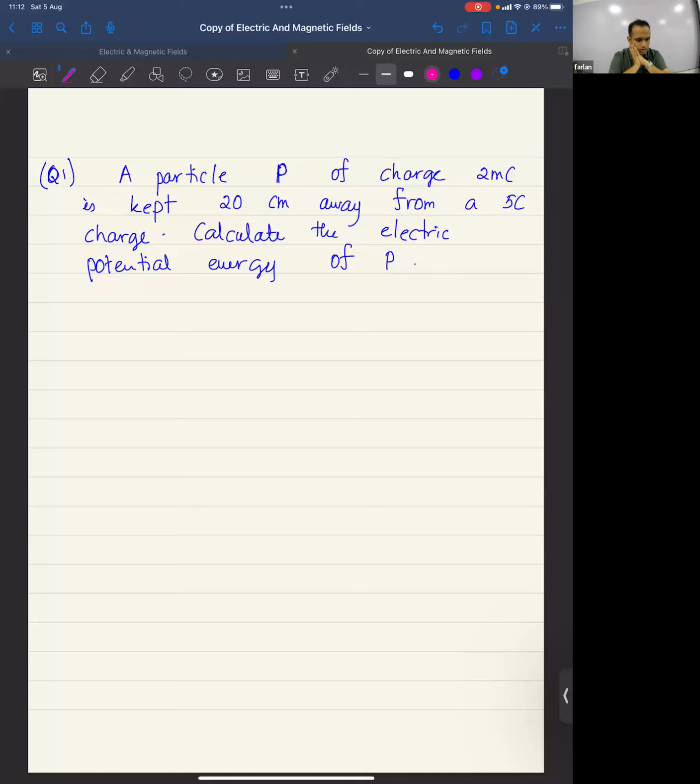Calculate the electric potential energy of P.